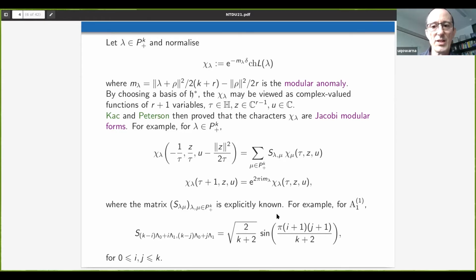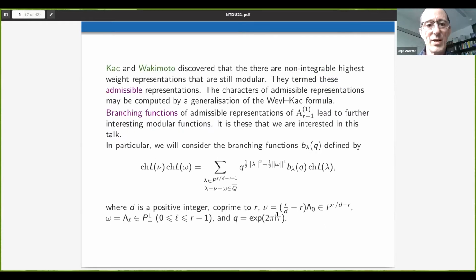Now, this is the theory of integrable highest weight representations, which I said is sort of the most important class of representations. But it was discovered after the work of Kac and Peterson, by Kac and Wakimoto, that there was a larger class of representations that were no longer integrable, whatever that means, but that was still modular.